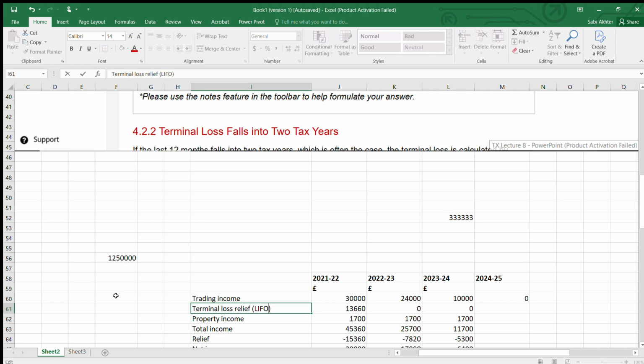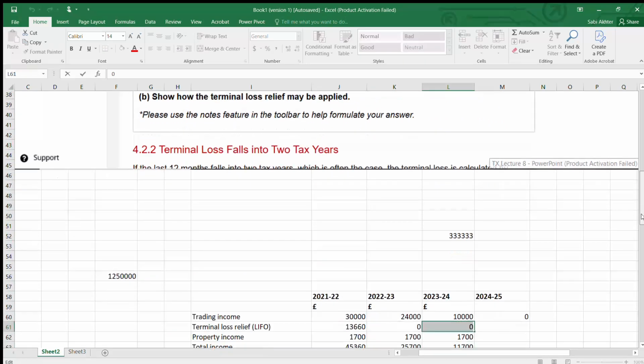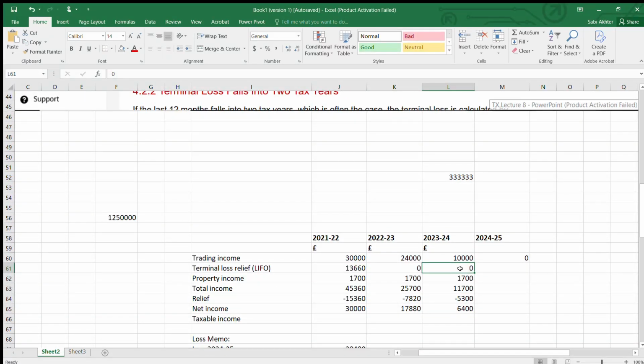First, what is the loss? Amount of loss is 40,000. So first we'll deduct 10,000. Then we'll deduct 24,000. So 10 and 24, 34. So from 40, if 34 is gone, here we have to deduct the remaining 6,000. Done.